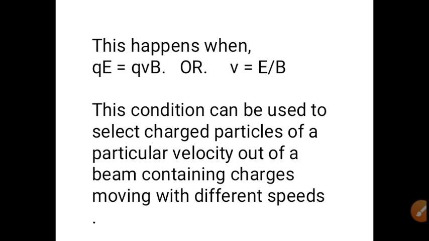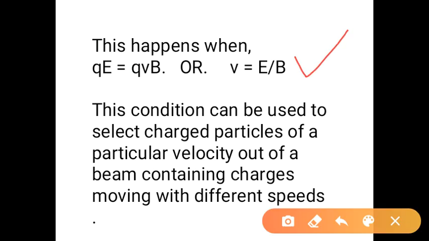Therefore, a charged particle having velocity v equal to E by B will experience total 0 force only in a crossed field. Since the total force is 0, it will move undeflected. It will continue the same motion without being affected by the electric field or magnetic field.